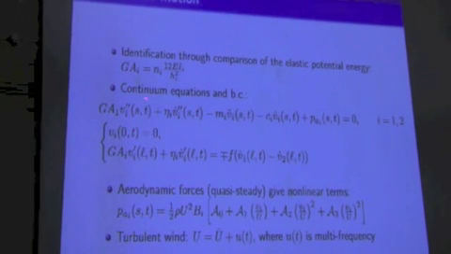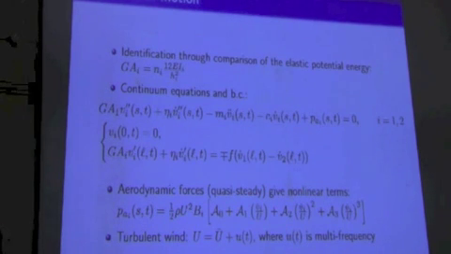So the equations of motion are these two partial differential equations in terms of displacement of the axis lines with boundary conditions here. This one is at the tip where we have the nonlinear viscous device, which is one of the two sources of nonlinearity. The other one is in the aerodynamic forces, which are evaluated under the quasi-steady theory.